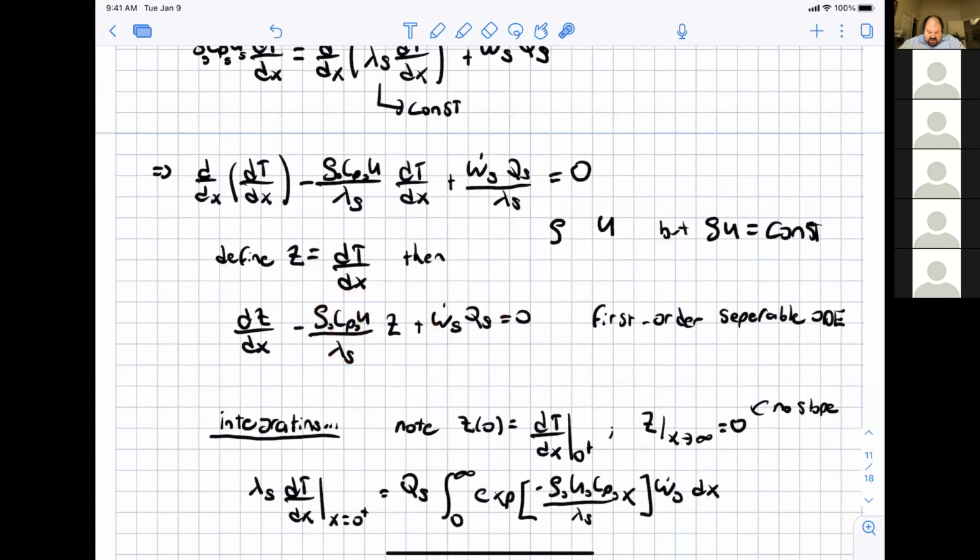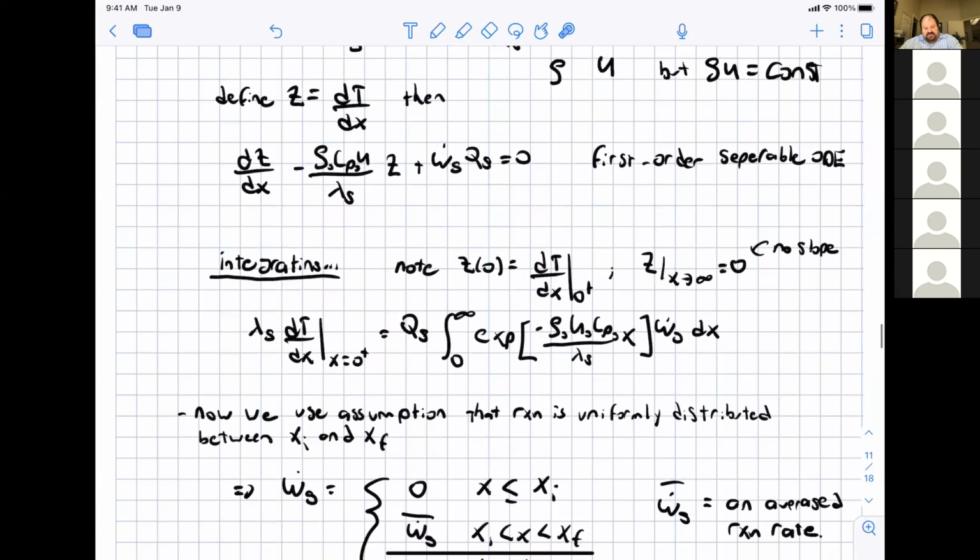Okay, and so this is nothing but a constant coefficient inhomogeneous but separable differential equation. We can integrate it, and note that at z equal to 0, that is the temperature gradient at the interface. And then at z equals infinity, we should wind up with z equal to 0, meaning there is no slope. So this is just a first order ordinary differential equation.